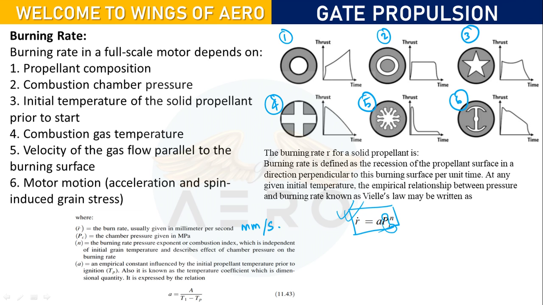P is the thrust chamber pressure, and the unit is given over here. n is the burning rate or combustion index, which is independent of the initial grain temperature and describes the effect of chamber pressure, right? a represents the Vieille's law constant.